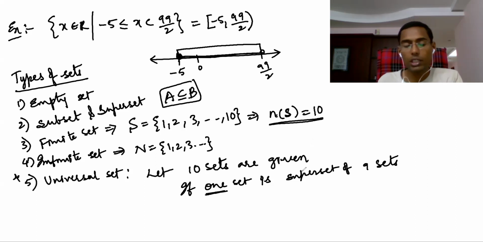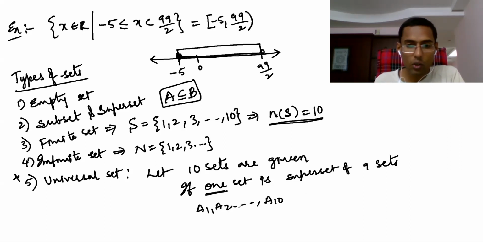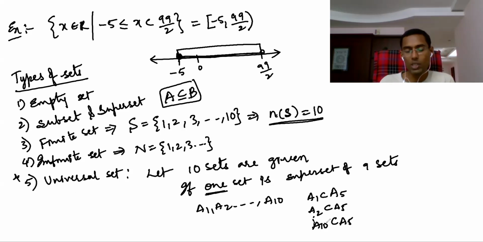Among these 10 sets, let's say A1, A2, A3 and so on, and let's say A5 is the superset. That means all the remaining sets are subsets of A5. A1 is a subset of A5, A2 is a subset of A5, like that, up to A10. That means A5 is a superset of A1, A2, and so on up to A10.